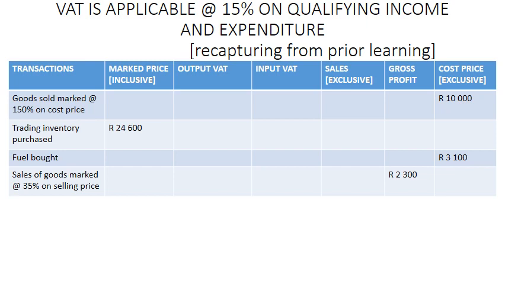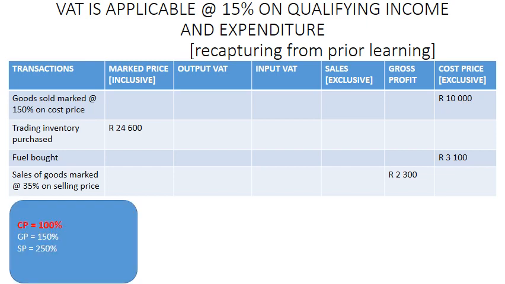To do that, we will then use the following information. We will say if cost price is given as a base, we will then express it as 100%. Markup is given as 150%.